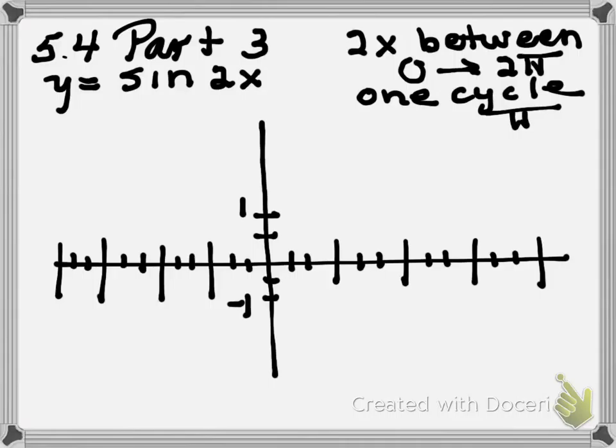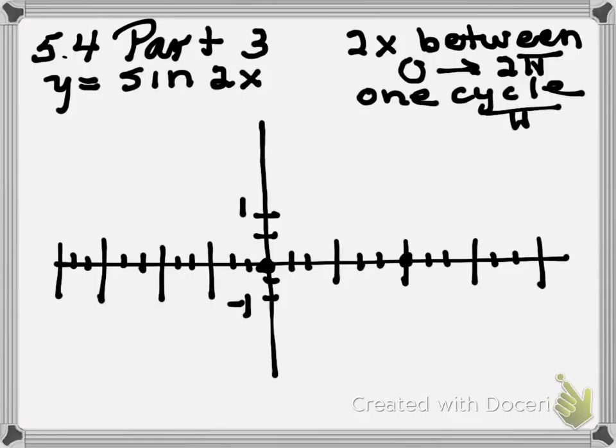So now we need to start at 0 and we need to end at 0. Now remember the sine graph goes 0, 1, 0, negative 1, 0. So we're starting at 0, we're ending at 0, but over here at pi. So if we're moving it over, then we have to go from 0 to 1 to 0 to negative 1 to 0.